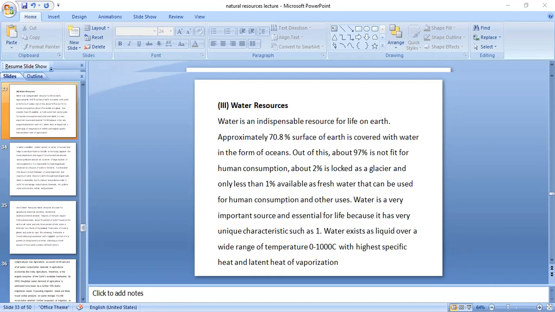If there is no irrigation, then there will be a decline in agricultural production. If there is a decline in agricultural production, then directly or indirectly there is a decline in industrial production, because many agricultural products act as raw material for various industries.